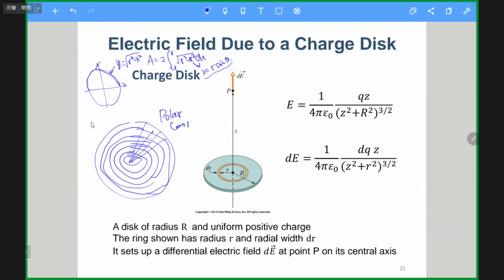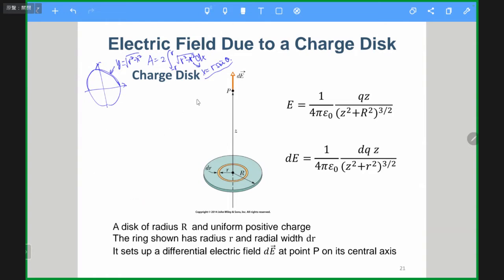It's just like just now when we calculated the ring, we fixed the radius, and then we cut the ring along the theta axis, and here we also integrate over r. So yeah, that's the point here. Okay, so it tries to tell you that when you have a disk, and you try to calculate the E field on this z-axis, the z-axis is similar to the definition for the ring.